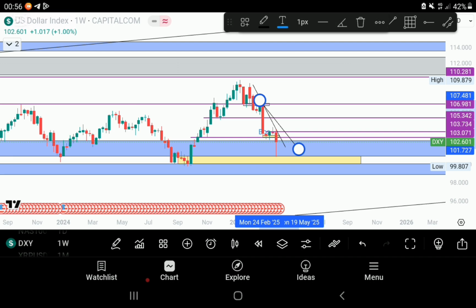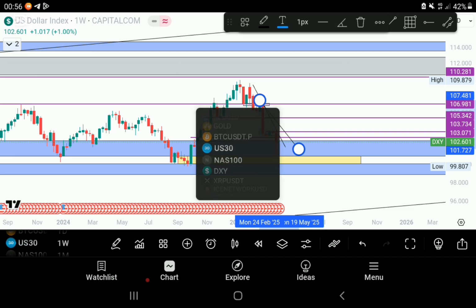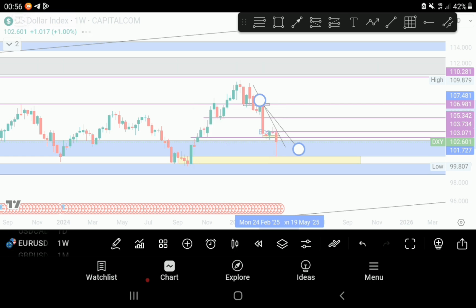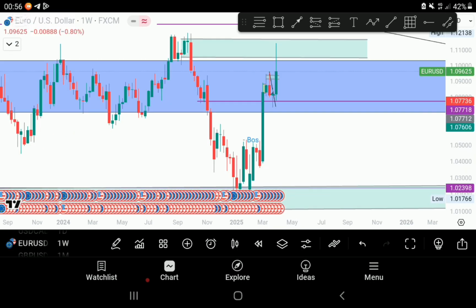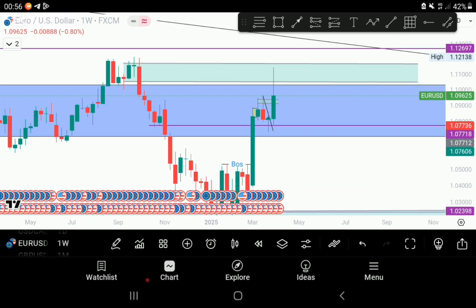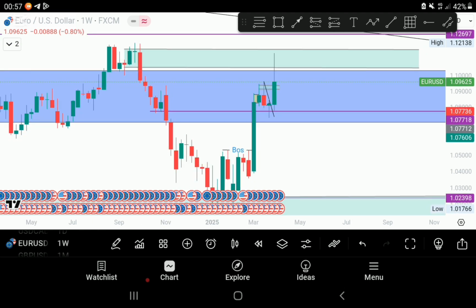Now on the XY, quickly let's go to our Euro USD and see what the market did last week, and then we predict for this week. This is it. The market sold last week for the XY, and don't forget the XY is inverse correlated to Euro USD and the currency pairs.